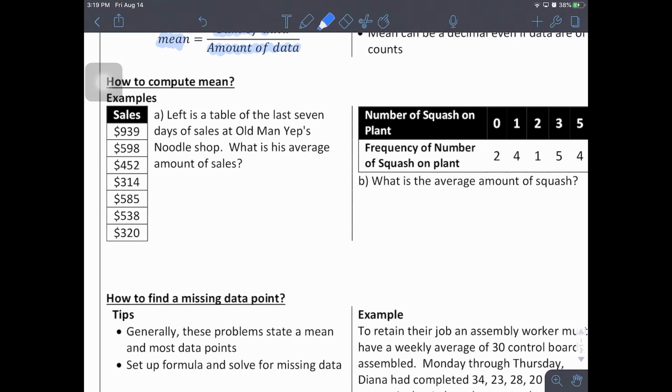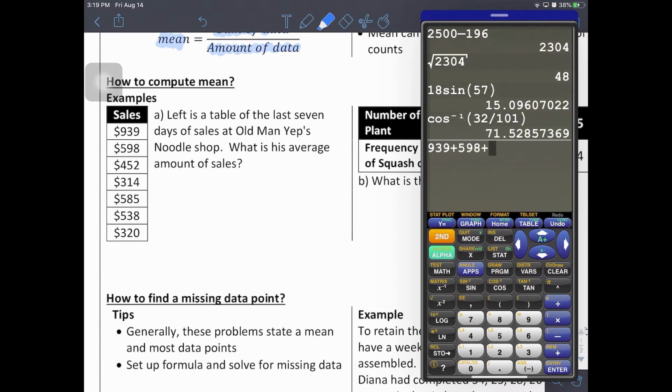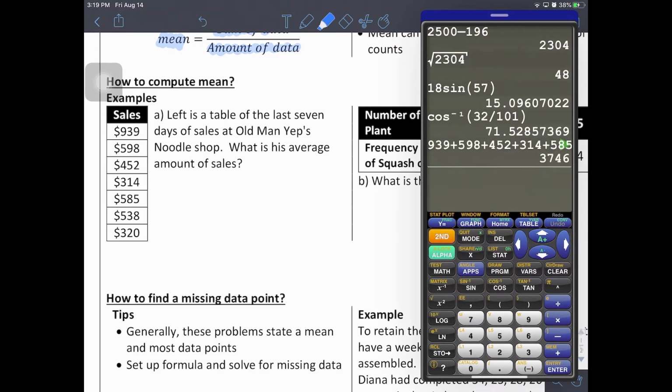So I'm going to take out my calculator. Turns out the sum is 3,746. And we're going to divide that by 7, and we figure out his average last 7 days of sales.